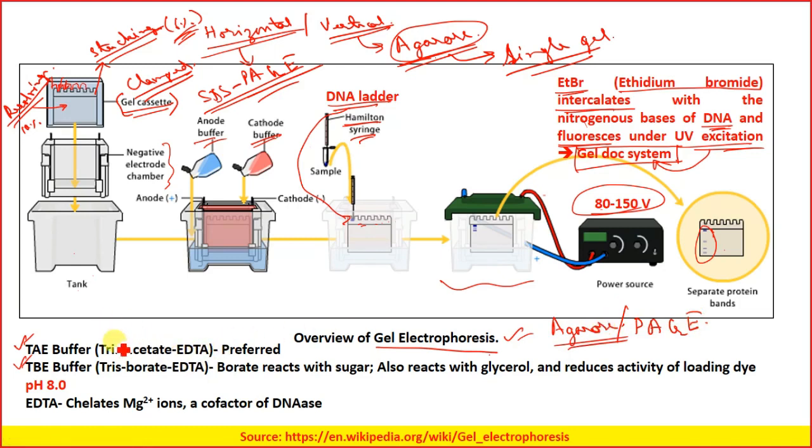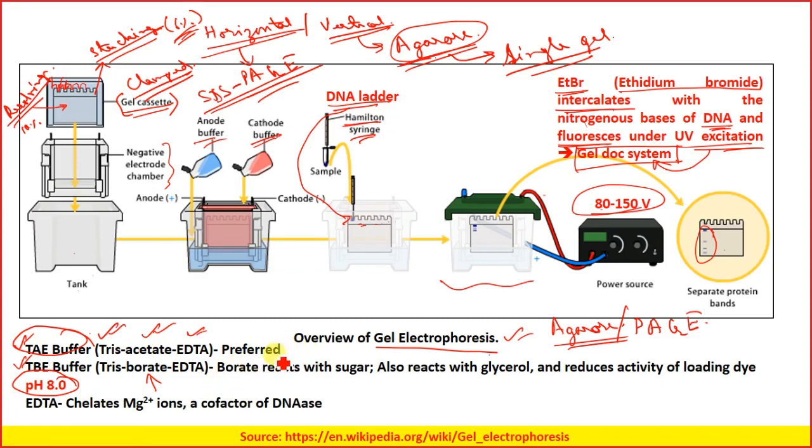The buffer used is TAE buffer, Tris acetate EDTA, so we have Tris base, acetic acid and EDTA. This is the preferred buffer, but there is another buffer, TBE buffer, which contains boric acid in place of acetic acid. The pH of both systems is pH 8.